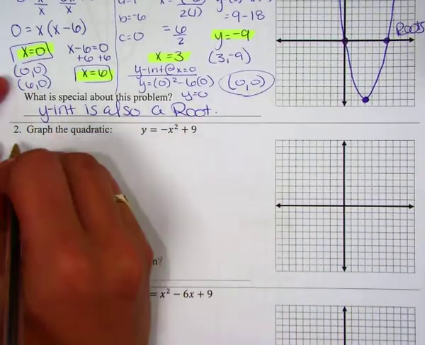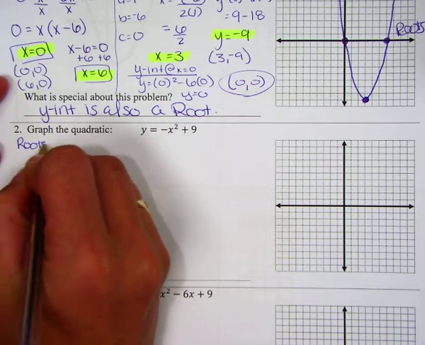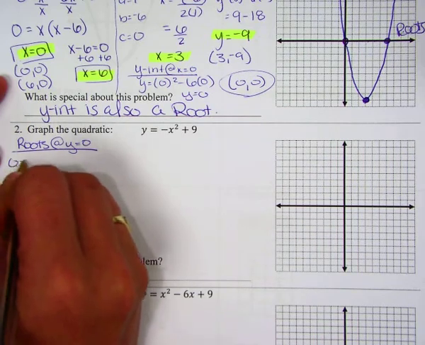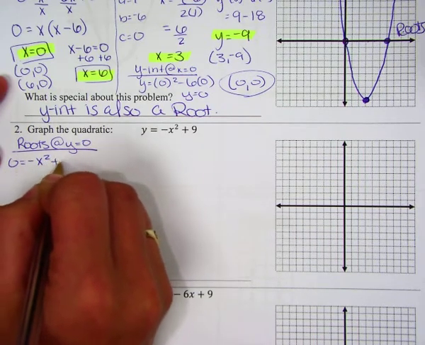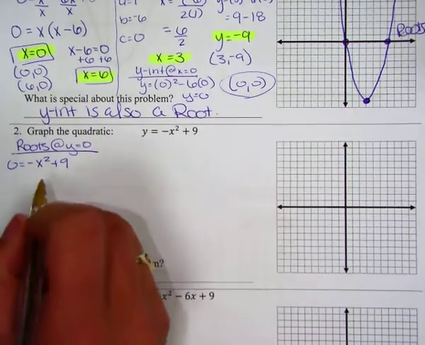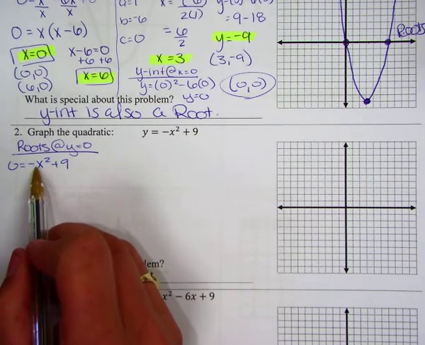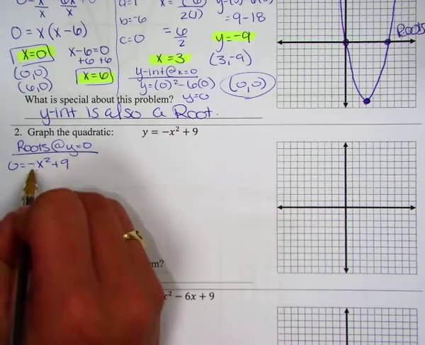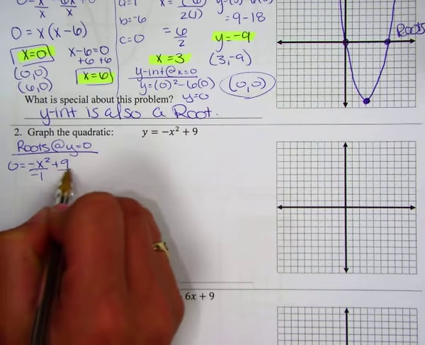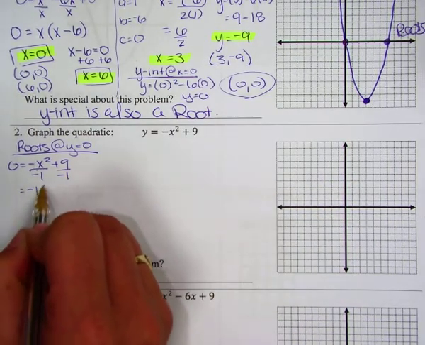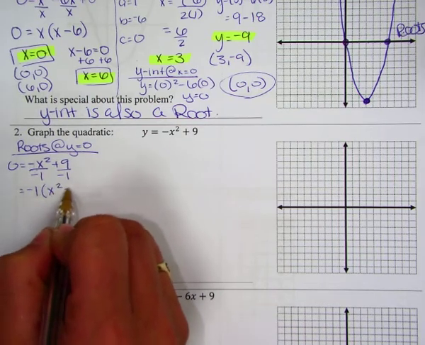Graph the quadratic. So I'm going to first solve for the roots. It's at y equals 0. So I'll substitute in 0 for y. Now, when I'm factoring something like this, you have to remember that a has to be a positive 1. So my first step is going to be divide by a negative 1. So then I'm left with negative 1 times the quantity x squared minus 9.